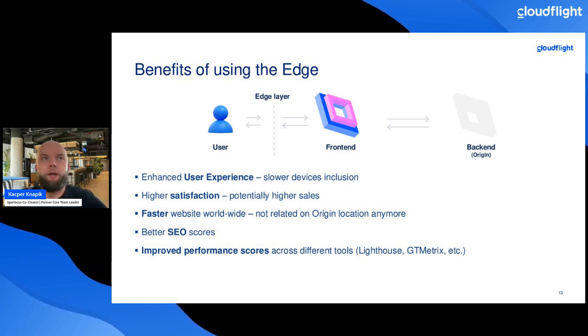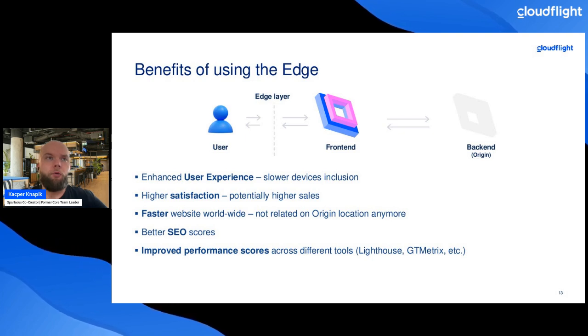At Cloudflight, we did a few projects already related to performance and Edge, connecting Spartacus with Edge, and we did see major improvements across different performance measuring tools, Lighthouse, GTmetrix. I've seen others, but I don't remember the names. So that's the ultimate goal.